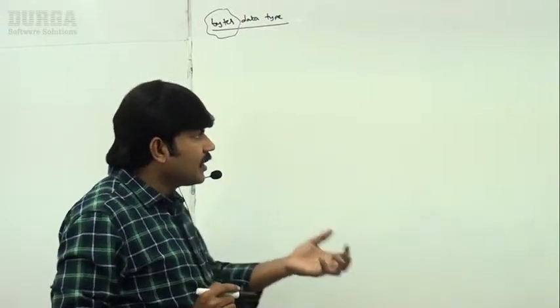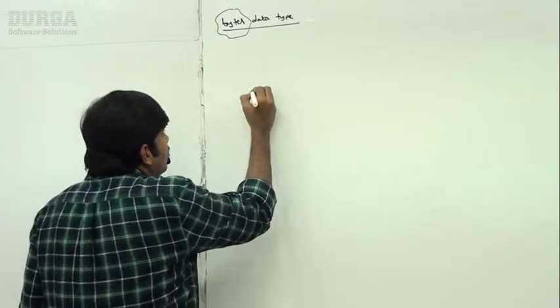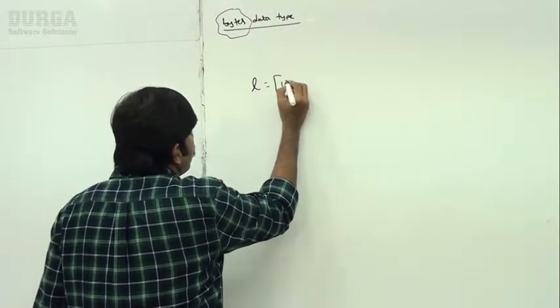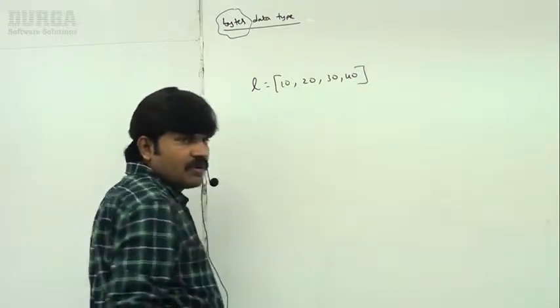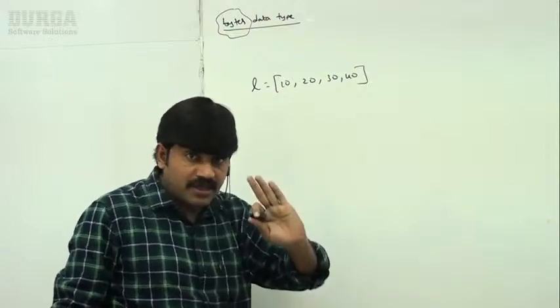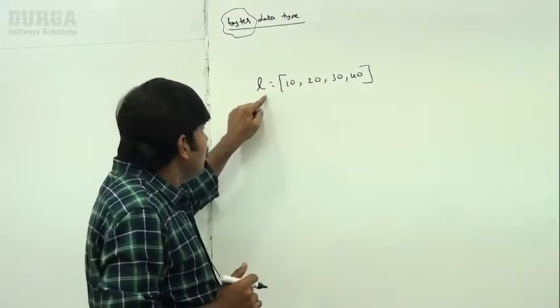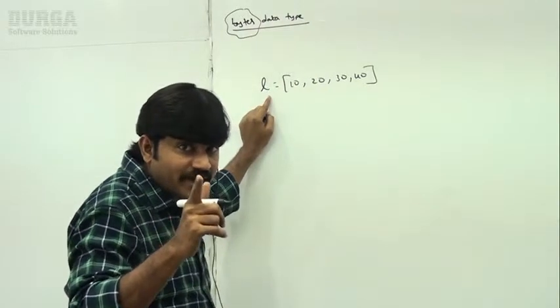How can you create the bytes type? What properties are there? Observe very carefully. L is equal to [10, 20, 30, 40]. Is it bytes? No, it is a list; the square bracket convention is there.